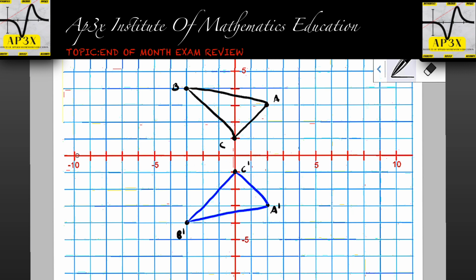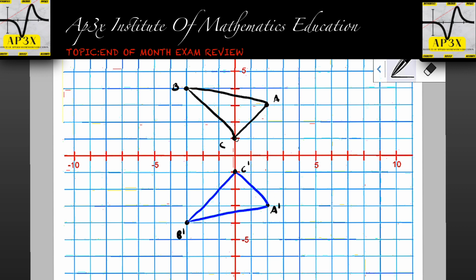Notice that this red line here is the line of reflection, and A is 3 units from that line. So my reflection is going to be the same distance at the bottom, 3 units below. So we could have gotten A without the actual formula.